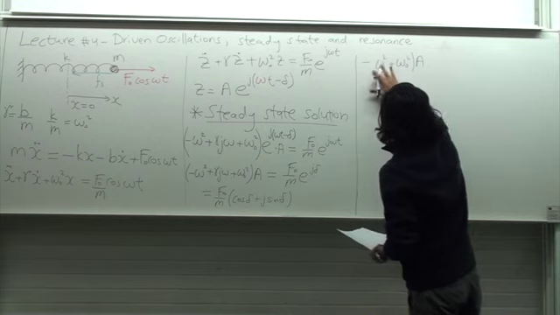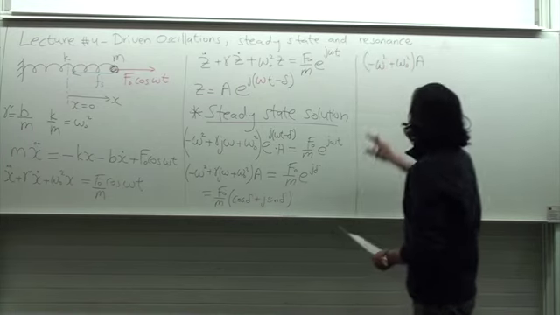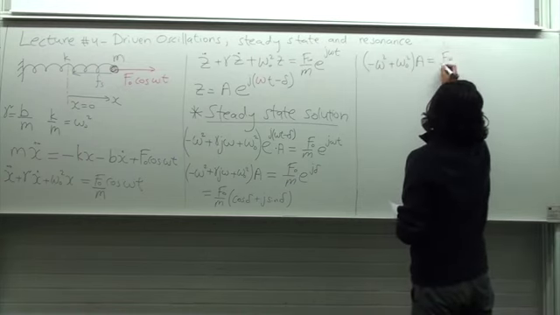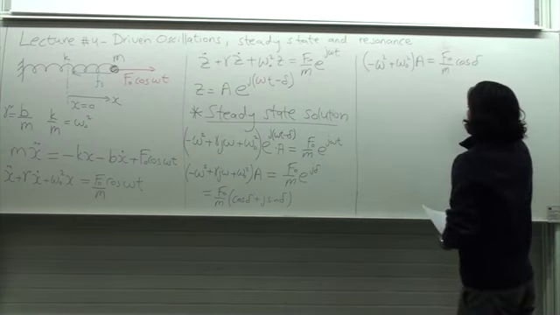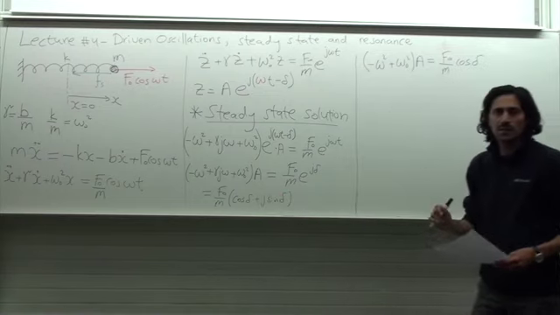The minus is only for this omega. This has to be equal to F0 over m cosine delta. And that is why I turn this part into real and imaginary.